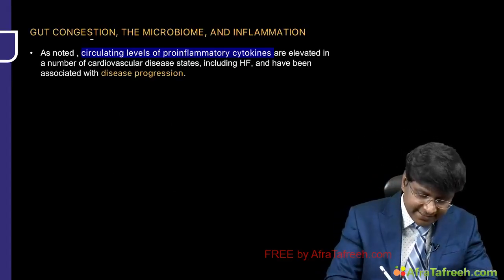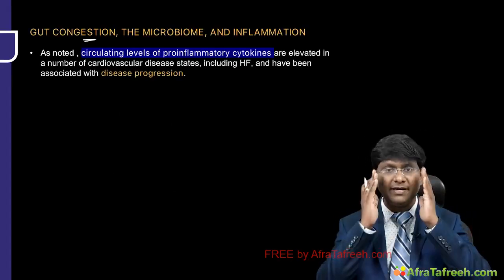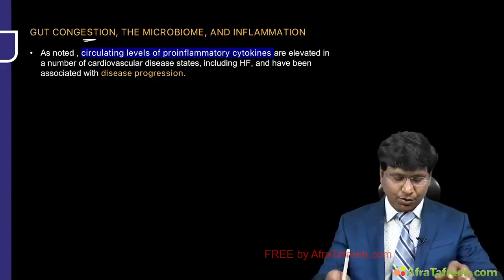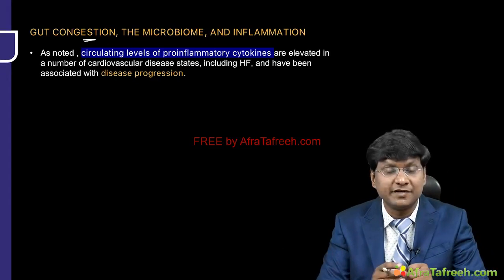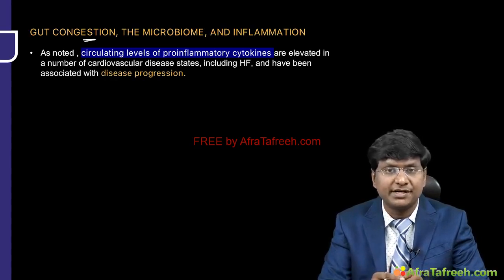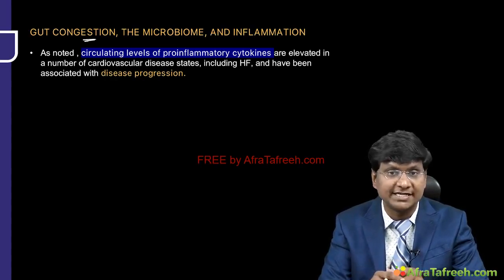Then followed by that, another important abnormality that develops in heart failure is the congestion of the gut. So how this congestion of the gut develops is, as a part of the right ventricular failure, there is impairment of the venous drainage into the superior mesenteric vessels, and that will contribute to the gut congestion.